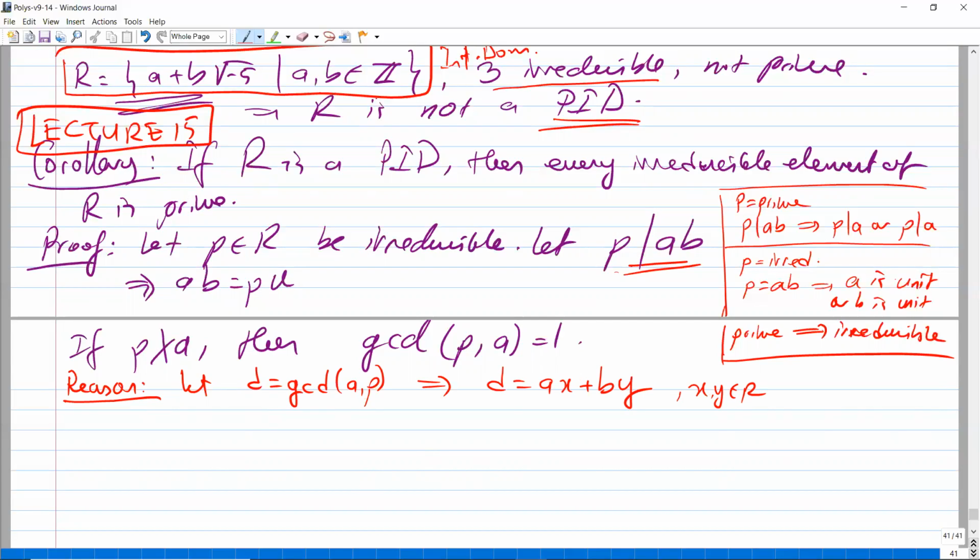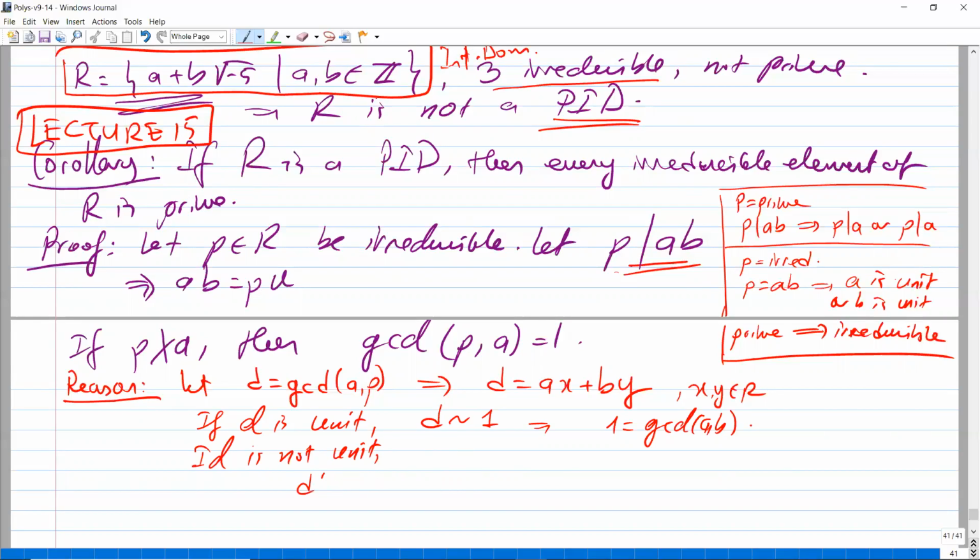So we need to show that D is a unit. If D is a unit, then D is associated to 1, so 1 or D will be the greatest common divisor of A and P. If D is not a unit, we will get a contradiction.